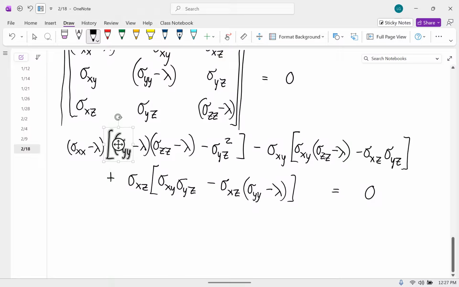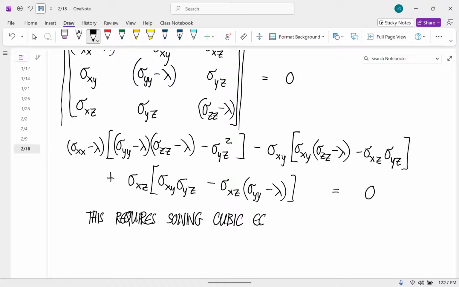And look at the orders of the things that we're multiplying together. Each one of these terms is going to be a cubic. You see that? And so this requires solving a cubic equation for lambda.